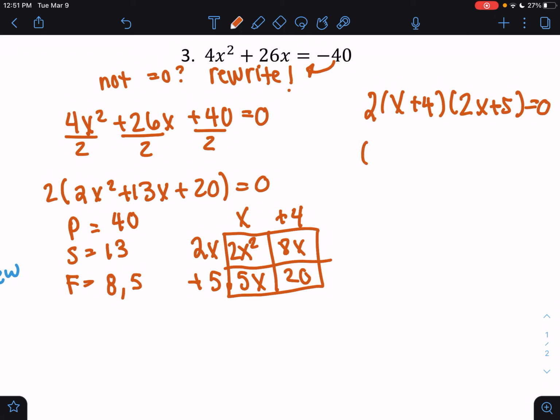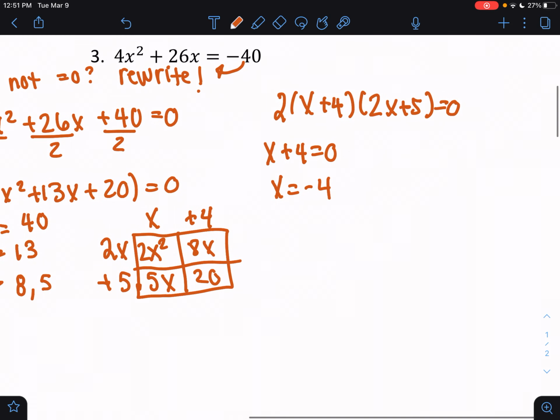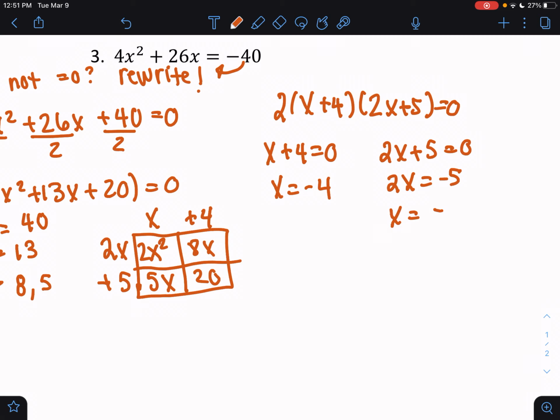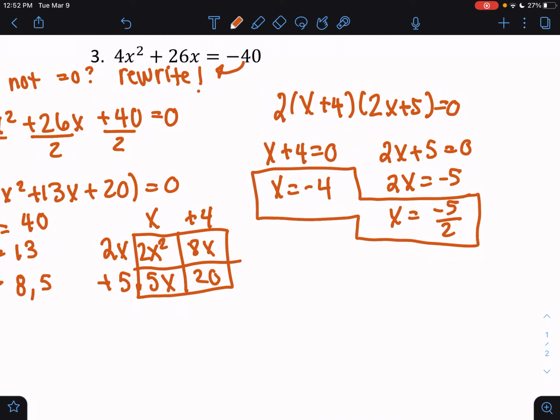We're still just going to set our sets of parentheses equal to 0. And those are our 2 answers.